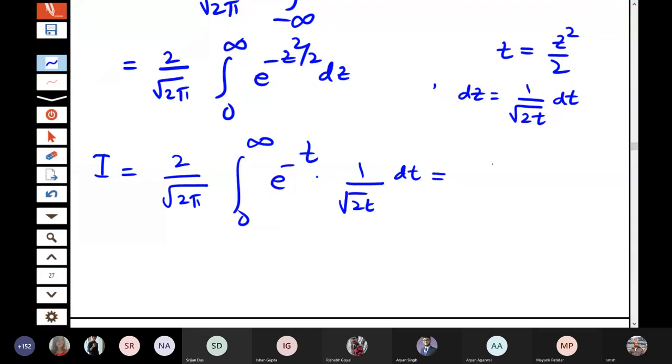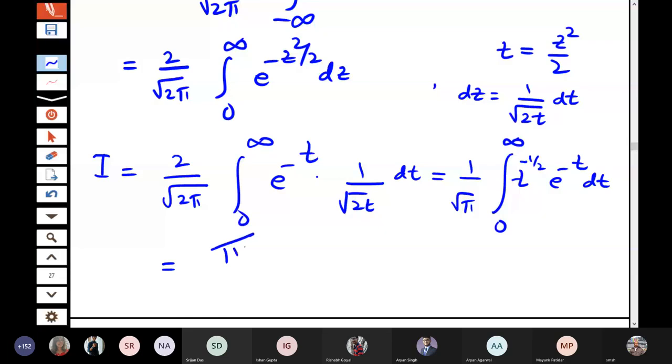That is nothing but 1 by root pi, t to the power minus half e to the power minus t dt. This is nothing but gamma half, which you know is equal to root pi. So this is 1. So this is a valid probability density function.